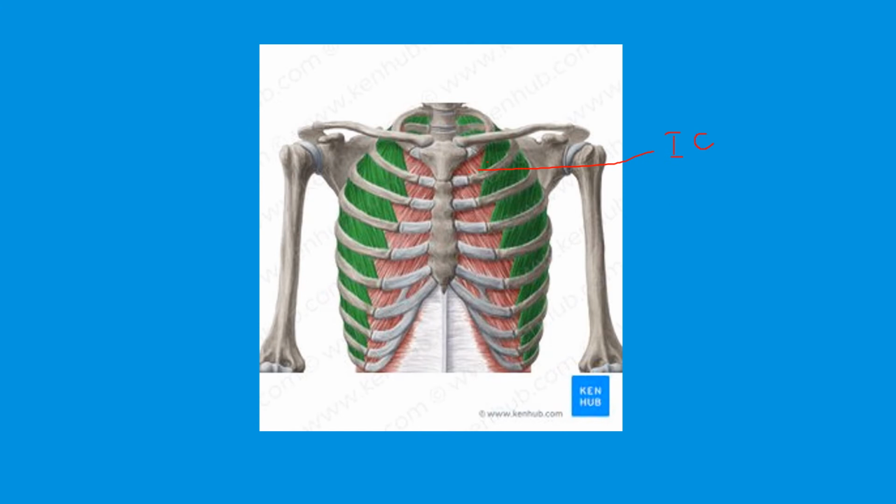These intercostal muscles, as I have told you, are divided into internal intercostal muscles and external intercostal muscles. Internal intercostal muscles are present near the sternum, as shown in the figure, the brown muscles, and the external intercostal muscles are present on the remaining portion between the ribs, excluding the internal intercostal muscles, as you can see in that green portion.